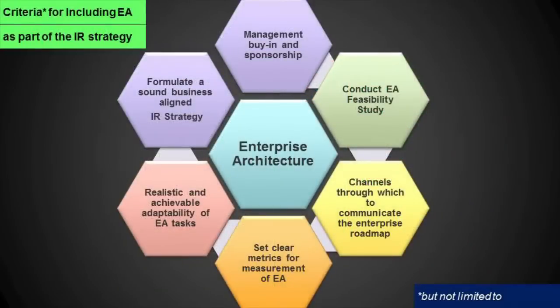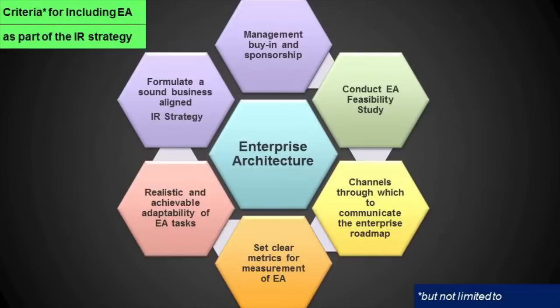Now, moving on to the criteria for EA. Essentially, this slide captures what elements have to be in place, and this is just a suggested, it's definitely not a comprehensive list, but essentially you need to have management buy-in and sponsorship.